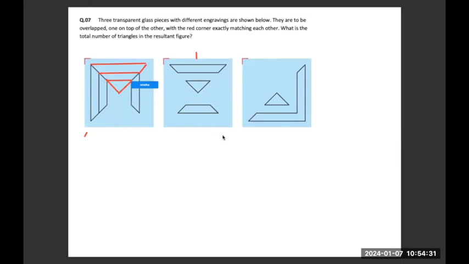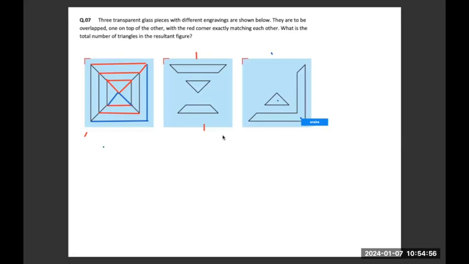And then I'll be getting this one here from this part. From the other part here, I will be getting a triangle, this one. And then another edge, which is this one.